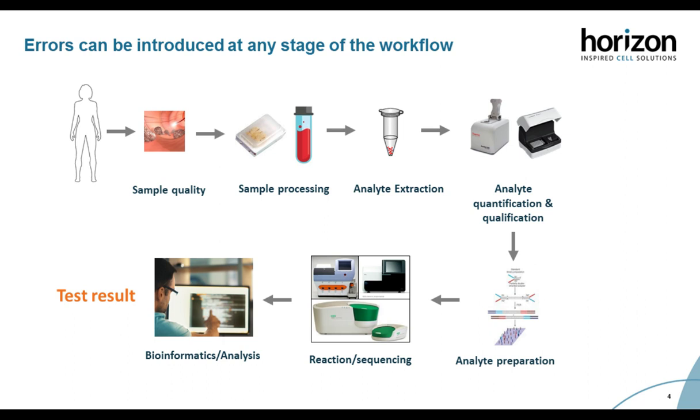How different labs handle the samples and how they are processed in the early stages can be very critical, and we see handling errors introduced at this early stage. Next, you have extraction of your analyte from the original sample, whether your analyte be RNA or more commonly DNA.